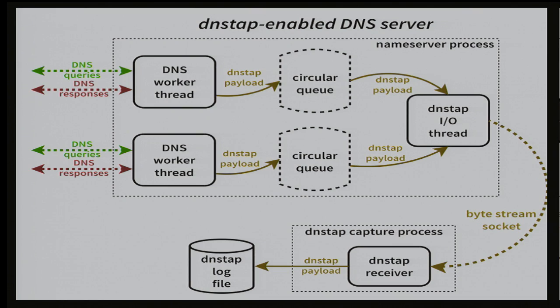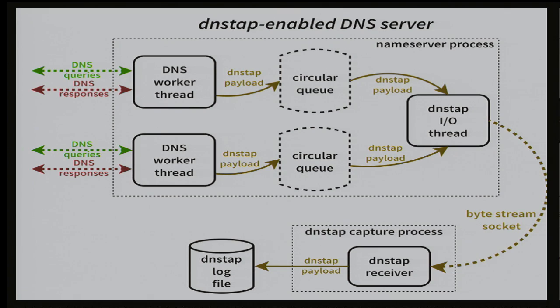At the far right of the diagram, there's a dedicated I/O thread that pulls the payloads off of the circular queues and takes care of exporting those log messages over a socket to a dedicated capture process. So this gets the task of sending these log messages out of the main flow of the worker thread.